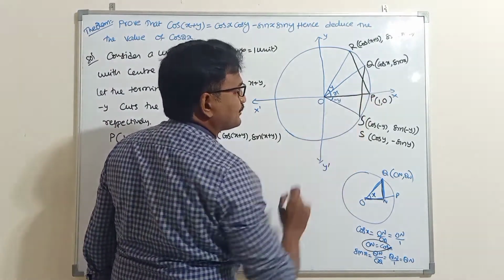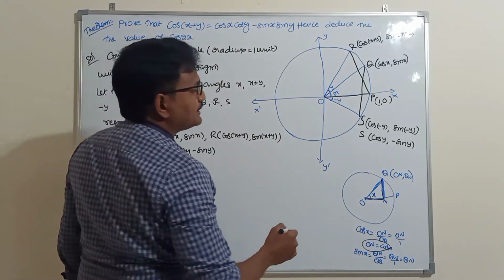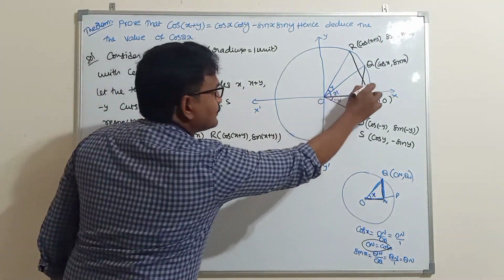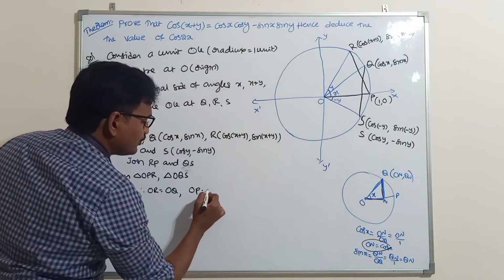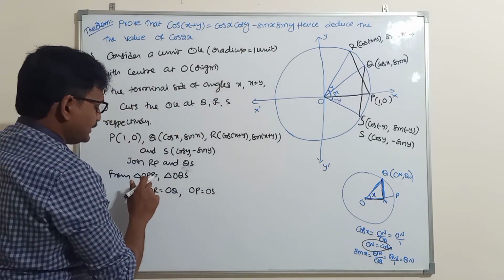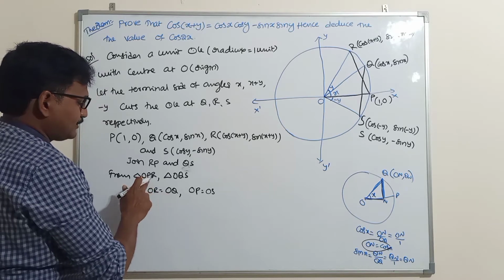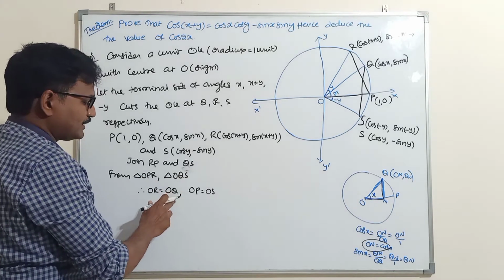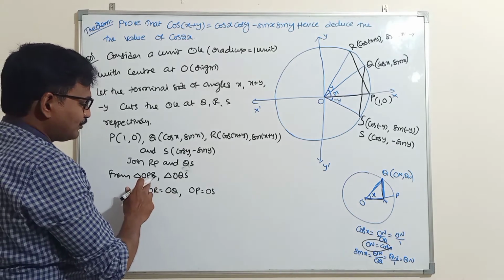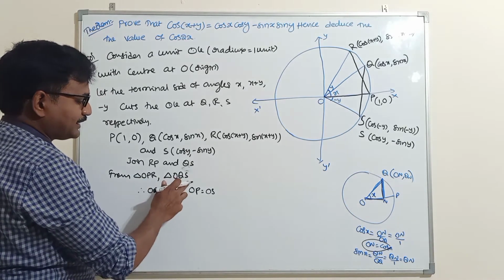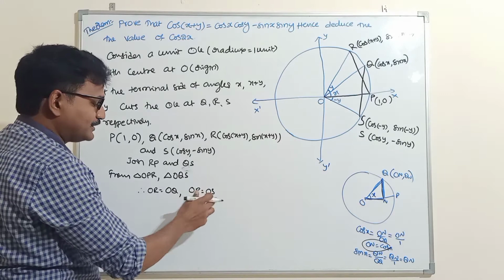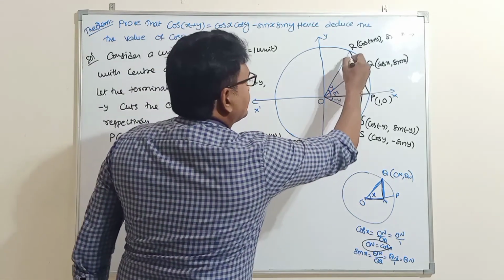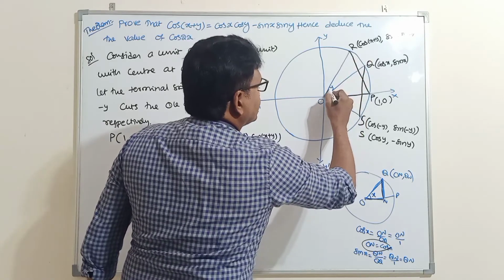OP is radius, so it is 1 unit. Similarly, in triangle OQS, OS is 1 unit. In triangle OPR, OR is equal to OQ, because both are equal to radius 1 unit. In triangle OPR, OP is 1 unit. Similarly, in triangle OQS, OS is 1 unit. Therefore, both are equal.